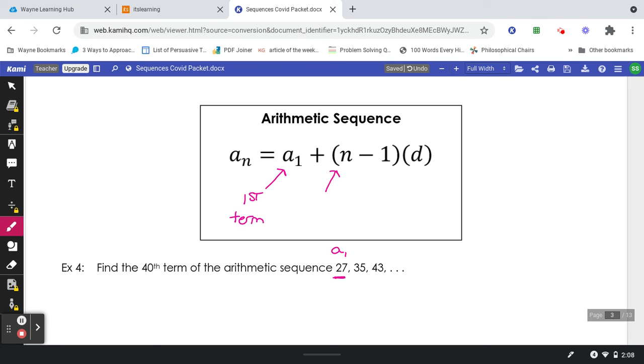Now the n is the term number. The term number is which number you're trying to find. So for our example number 4, n would be 40. The 40th is the term number. The number 1, obviously just the number 1, and then d would be the common difference.